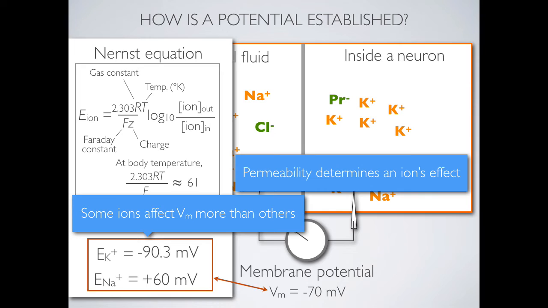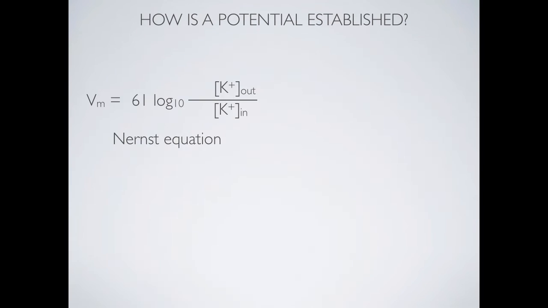Whether or not a membrane is leaky or permeable to an ion is going to dictate that ion's influence on the membrane potential. There's nothing about that in the Nernst equation. The Nernst is a very simple model of the membrane. We need to elaborate our model in order to account for this permeability effect.